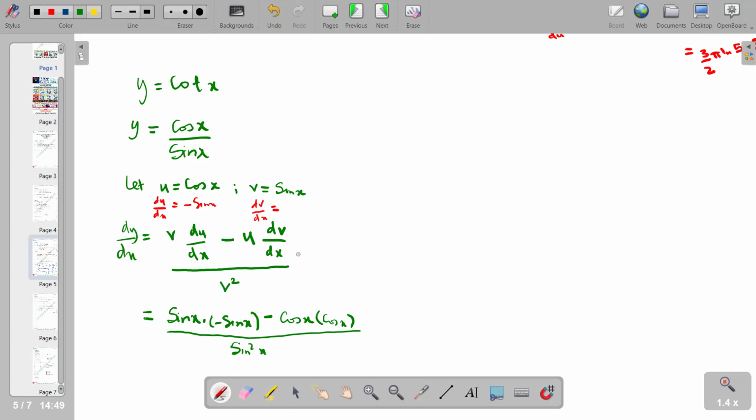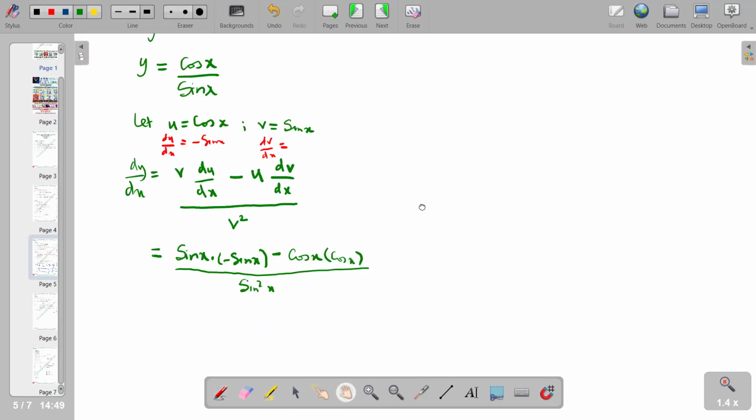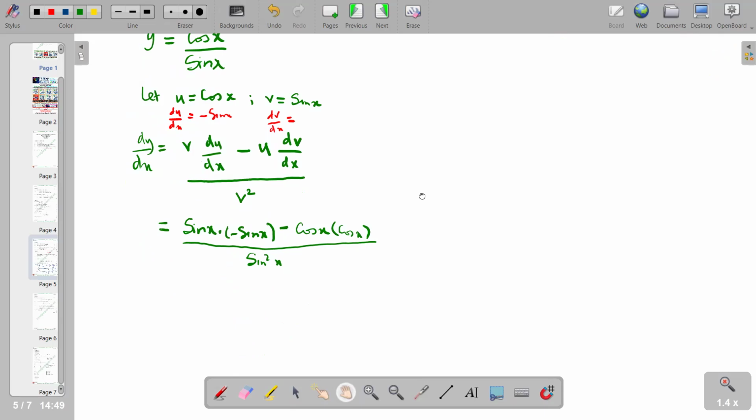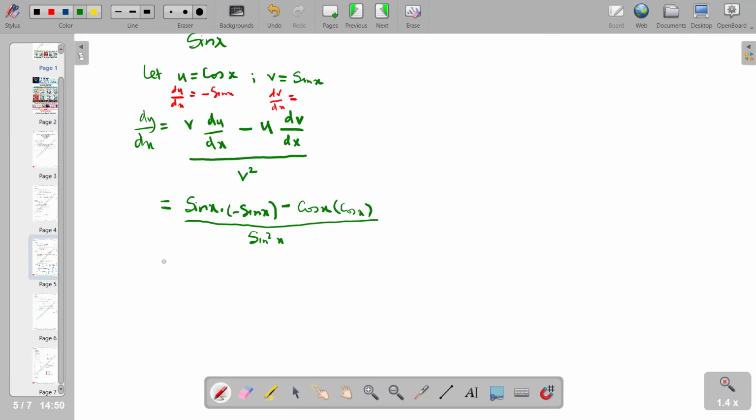So if we are to simplify this, what is it going to give us? Let's simplify that. This times this is going to be a negative sine squared x, minus a cos squared x, all over a sine squared x, which is going to give a negative.